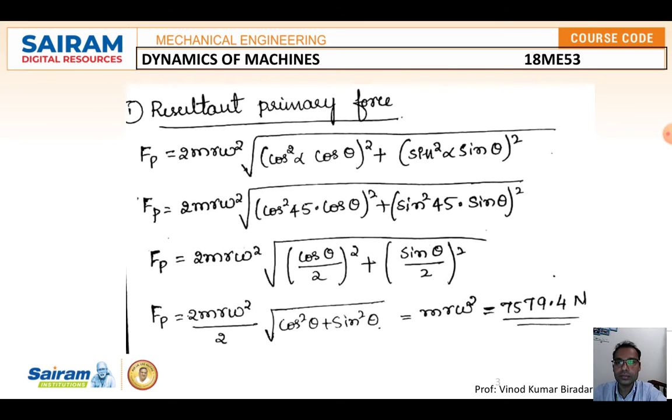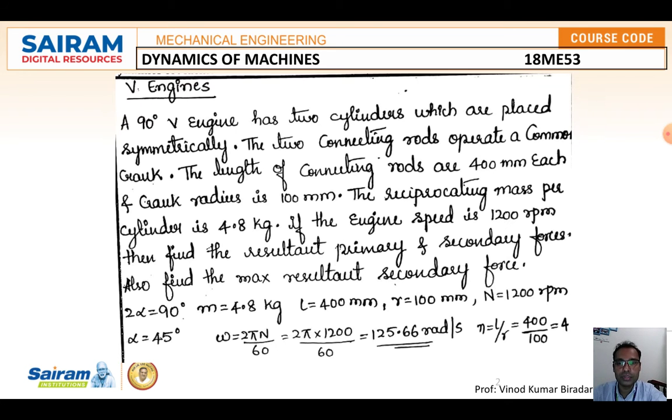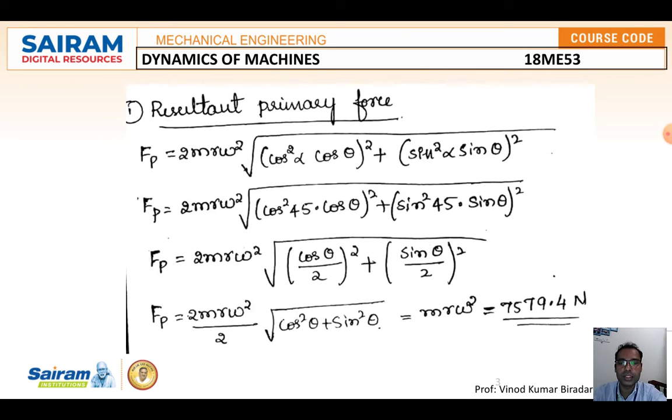Now we have the direct formula: the resultant primary force is equal to 2 m r omega square times the square root of cos square alpha into cos theta whole square plus sin square alpha into sin theta whole square. In a V engine alpha is 90 by 2, which gives 45.